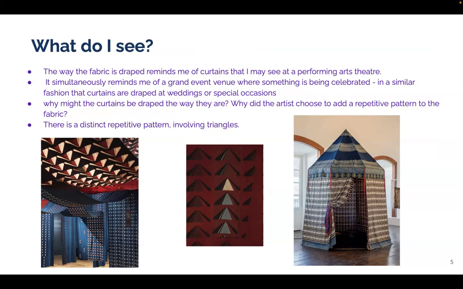The way the fabric is draped reminds me of curtains that I might see at a performing arts theater. It's also reminiscent of maybe a grand event venue where something is being celebrated, something like a wedding or a special occasion, except I see that it's not quite that look entirely.